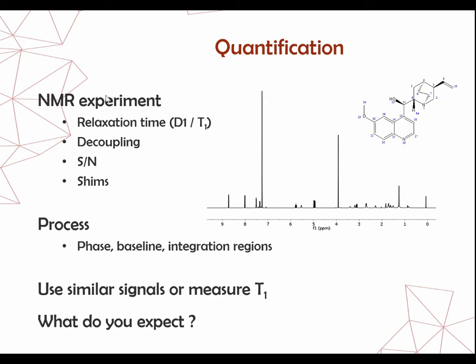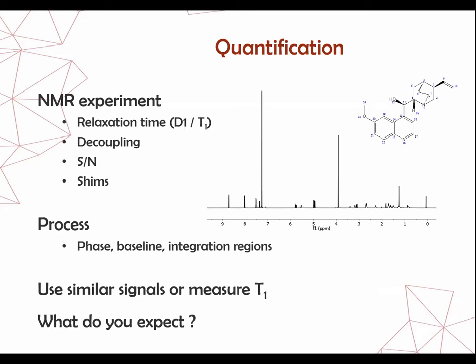Okay, sorry. So a few NMR parameters are really important for quantitative conditions. So decoupling, I said it, but in proton spectra, we don't have decoupling. And another one is the ratio between D1 and T1. D1 is the relaxation delay, the waiting time between two scans.